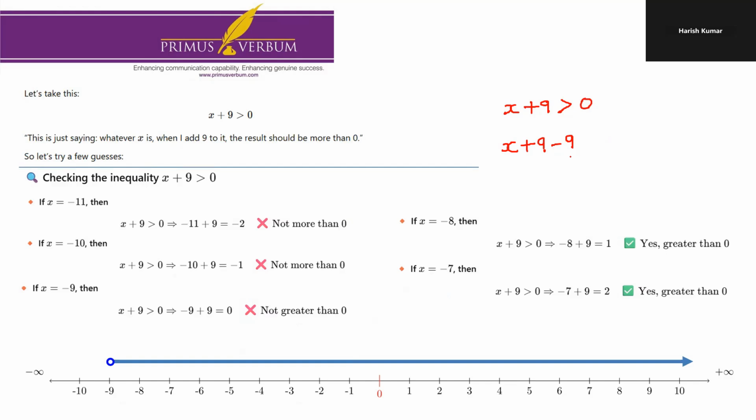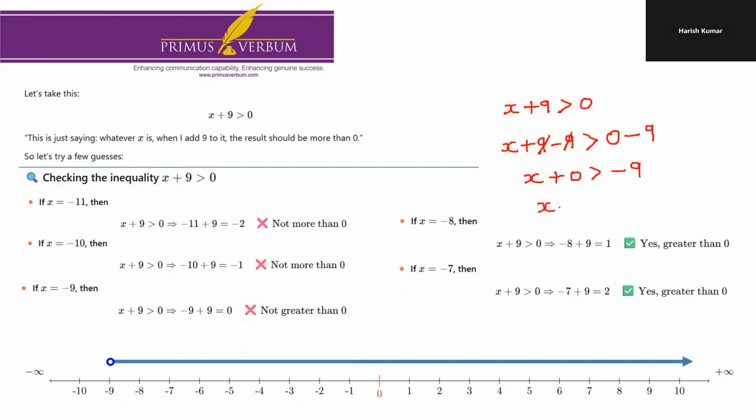Now, if I subtract 9 from the left-hand side of this inequality, then I should also do it on the right-hand side so that the inequality continues to hold true. These two will cancel out each other, I'll get 0. So I'll get x plus 0 greater than 0 minus 9, which is minus 9.